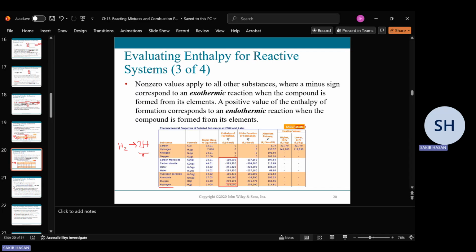And so their enthalpy of formation is positive, as you can see here for oxygen atoms, and here for hydrogen atoms, right? And this relates back to the idea of an exothermic reaction, which you think of as a minus sign, and an endothermic reaction, which you consider to be a positive value of enthalpy.